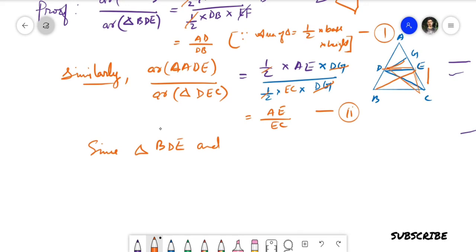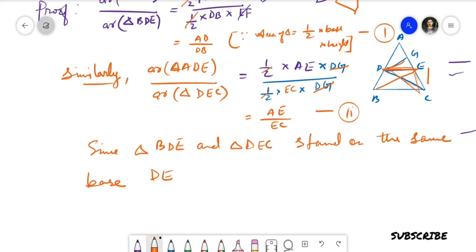So triangle DEC stand on the same base DE. Can you see? This is the same base for them.